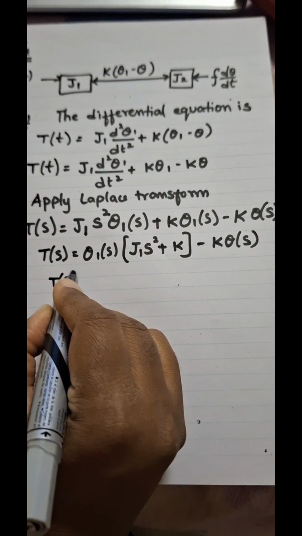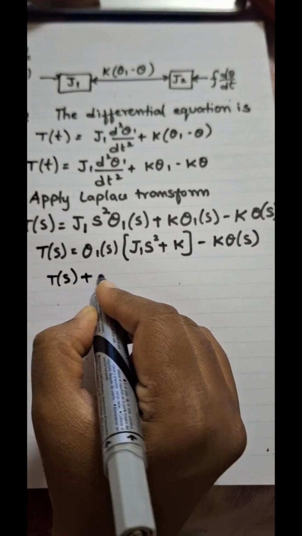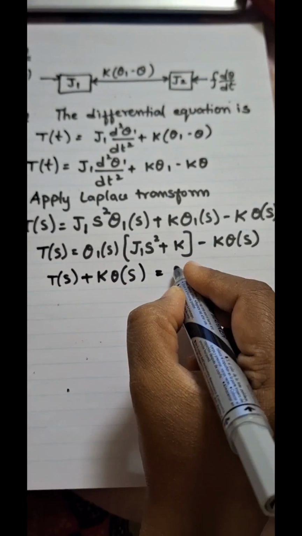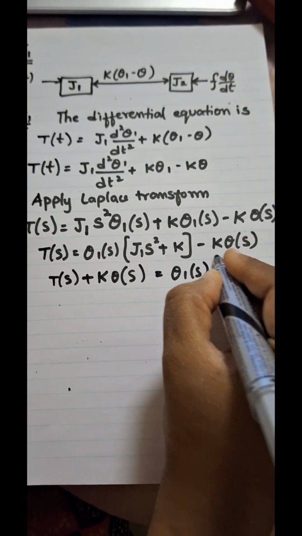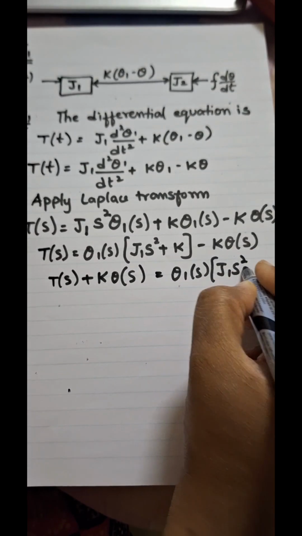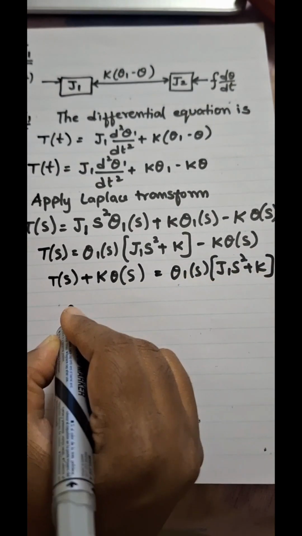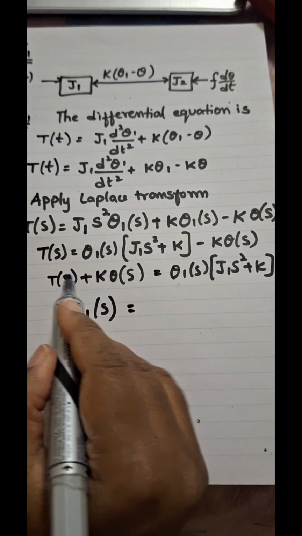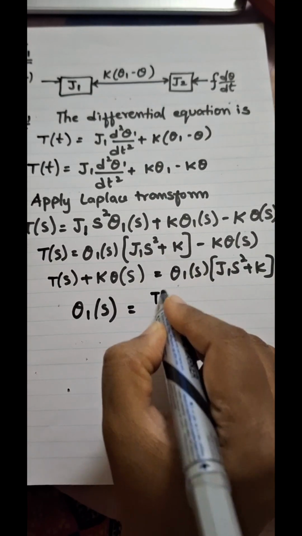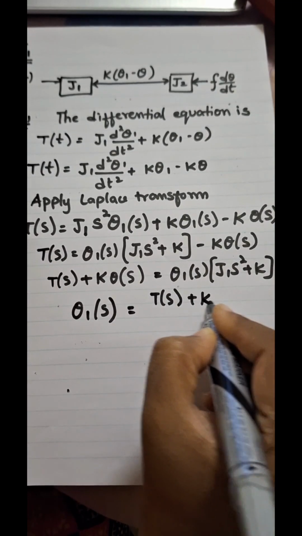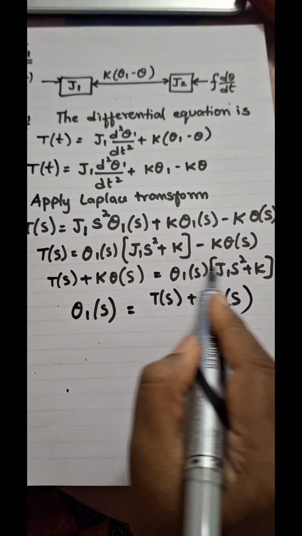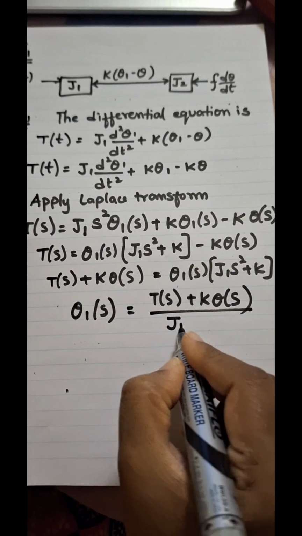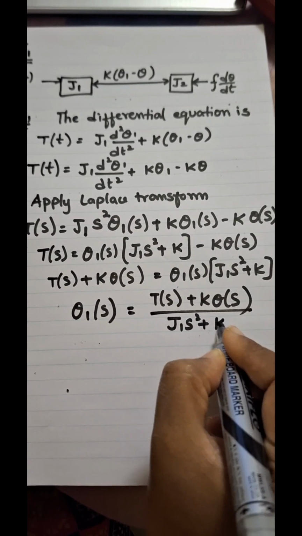So T of s plus k theta of s is equal to theta 1 of s into J1 s square plus k. My requirement is theta 1 of s. So theta 1 of s is equal to numerator, I will write it in the numerator. Here it is a multiplier, so when it goes this side it will be the denominator. So J1 s square plus k.